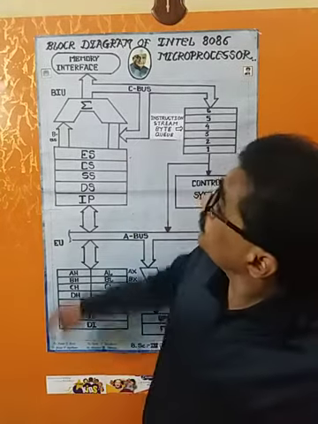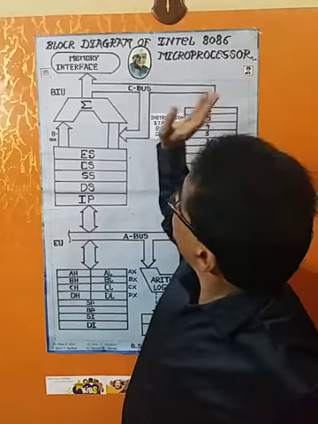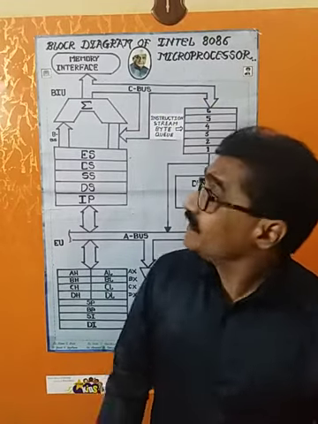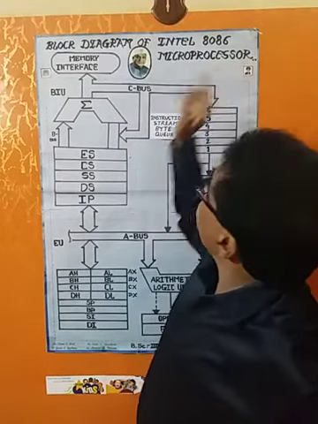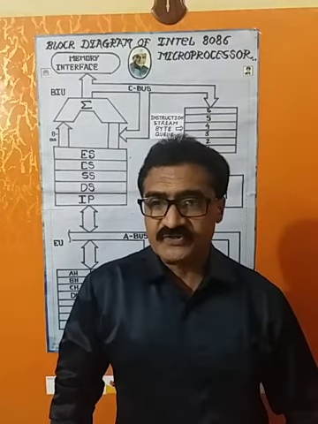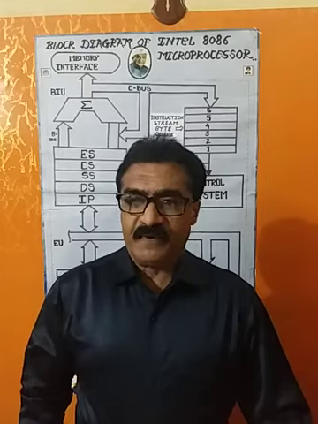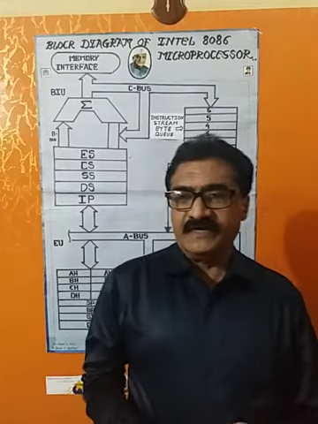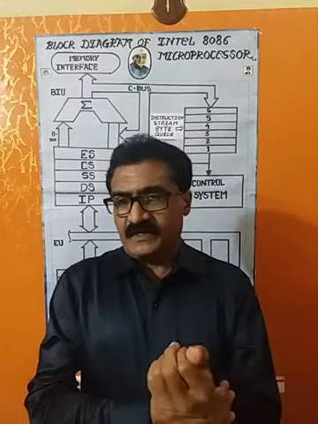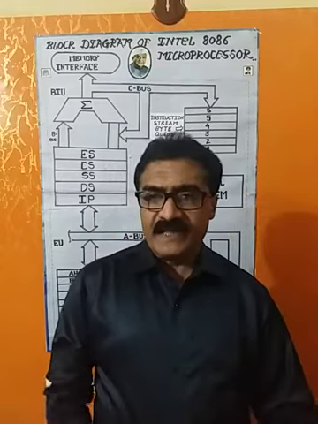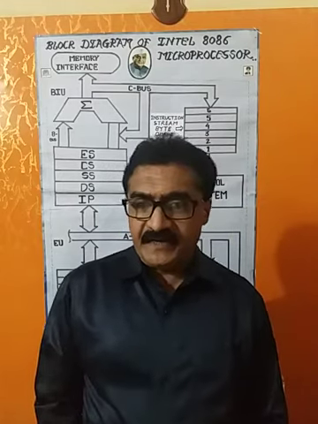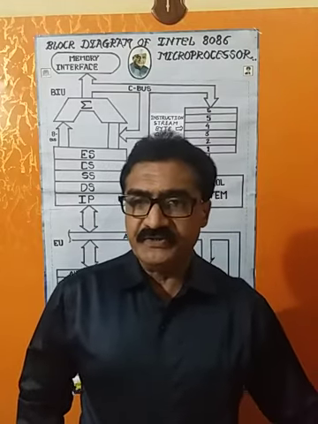My today's topic is the architecture of Intel 8086, or block diagram of Intel 8086 microprocessor. Like the Intel 8085, the Intel 8086 was first announced in 1978 by Intel Corporation USA.